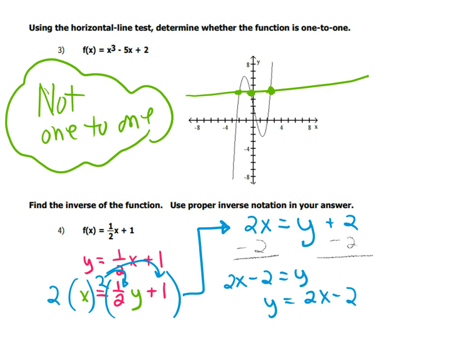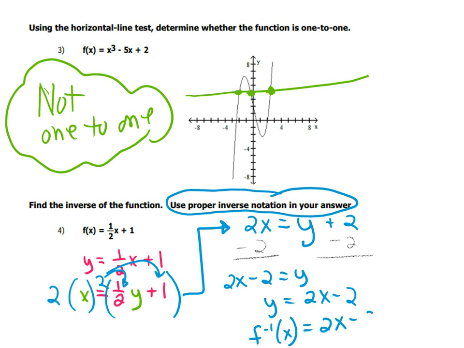And then when I said use proper inverse notation in your answer, that simply means take the y back out and put f negative 1 of x. And if you check the handwritten answer key and the answer key that came with this when I handed it to you in class, it shows f negative 1 of x.